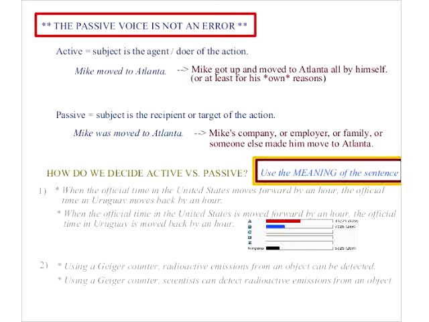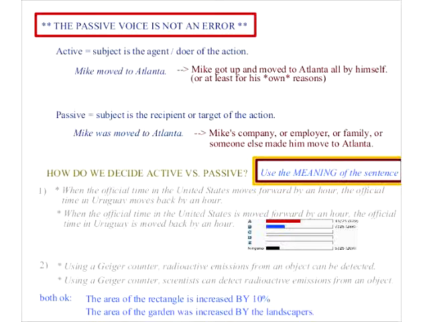Both are okay if I say I grew by 6 inches over the summer, or the area of the rectangle is increased by 10%, or the area of the garden was increased by the gardener or the landscapers. These are two different uses of by. The first one is not the passive voice kind of by. This is a by that's used with quantitative increases or decreases.